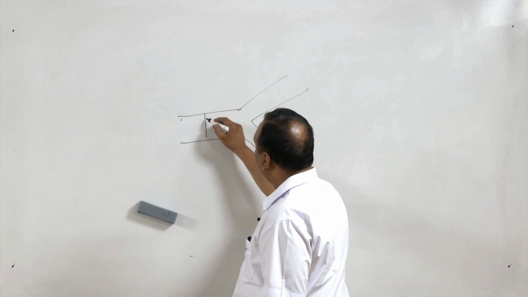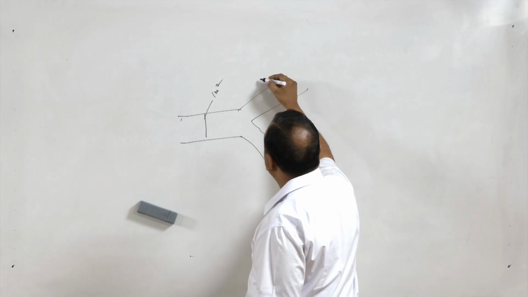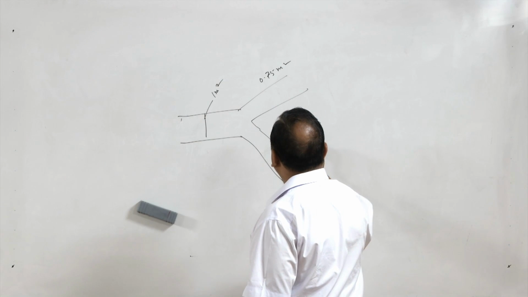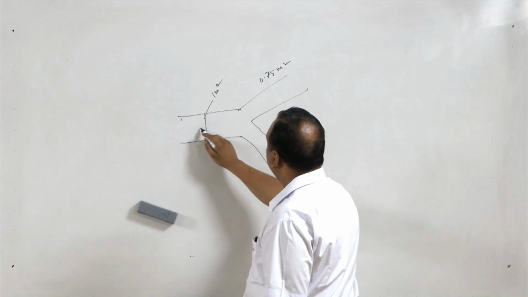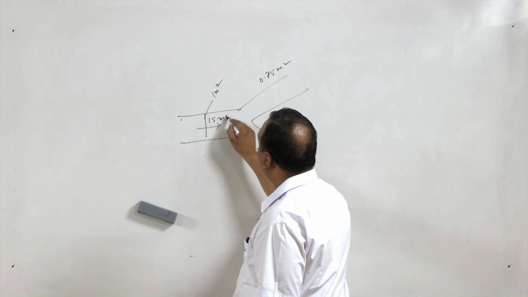Suppose the cross section of this main duct is 1 meter square, and the splits are 0.75 meter square and 0.25 meter square, and the velocity is, let us say, 15 meters per second.